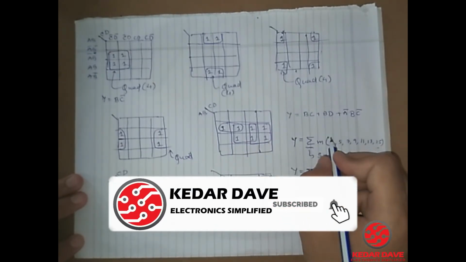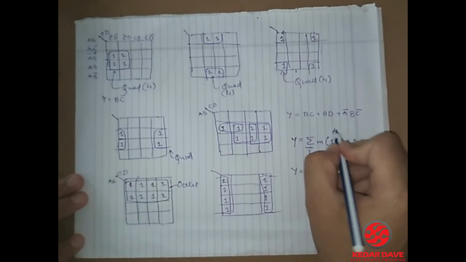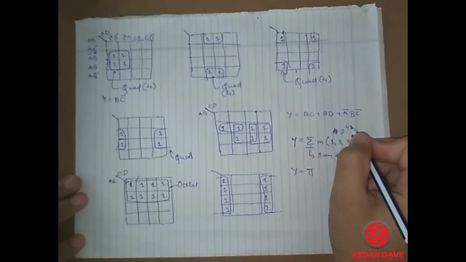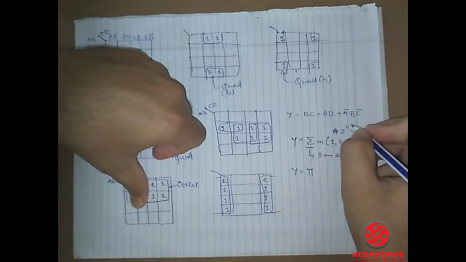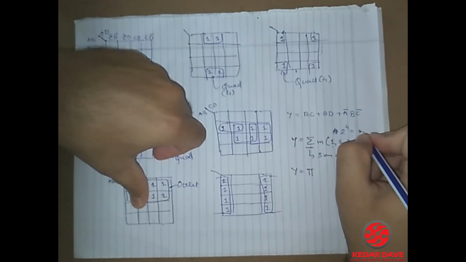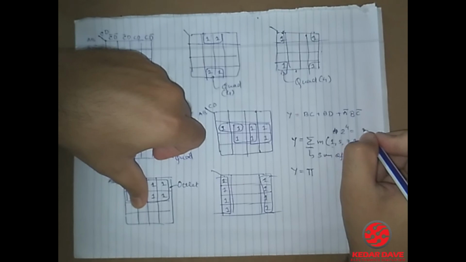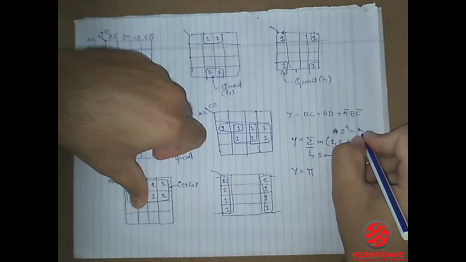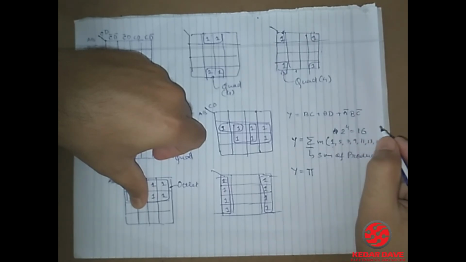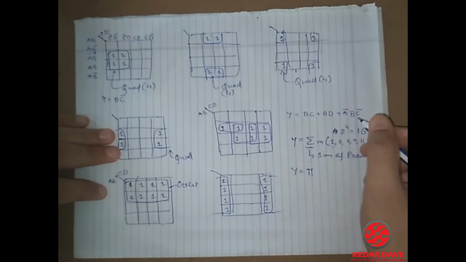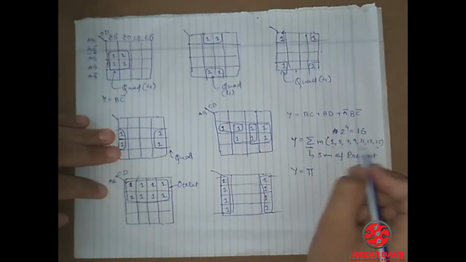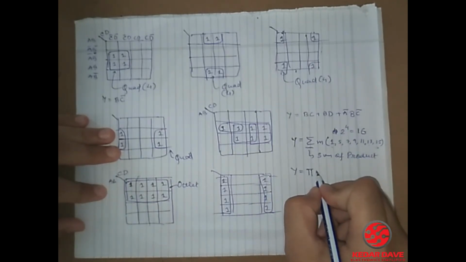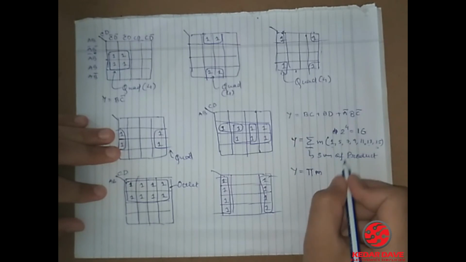Why? Because if you remember the previous lecture, if there are 4 variables, then the output will be 2 raised to 4. That means 2 2s are 4, 4 2s are 8, 8 2s are 16. So there are 16 cases, so in the condition of this particular equation, there will be 16 values. So this way it can be represented, right?